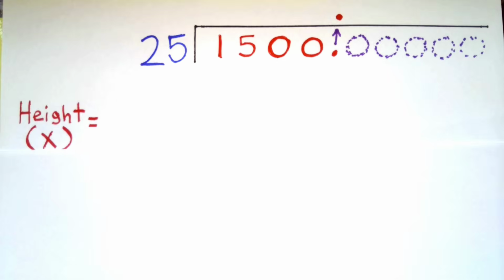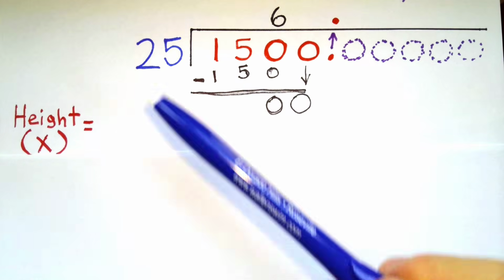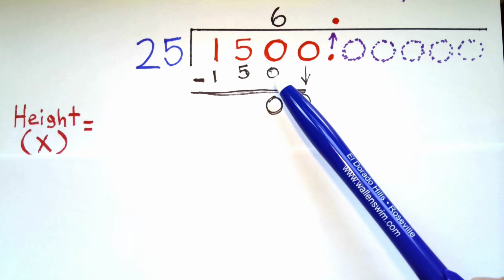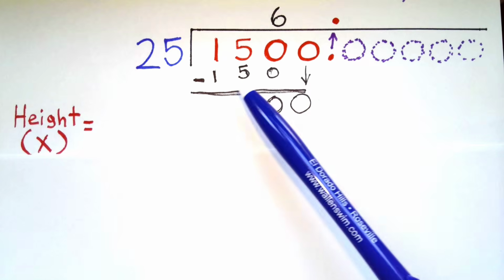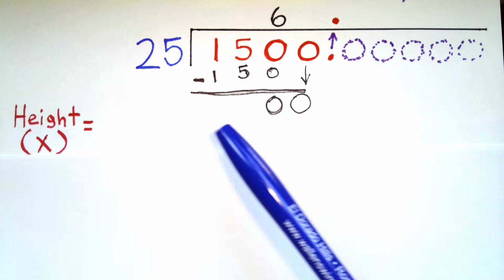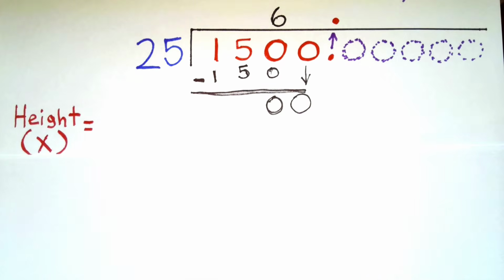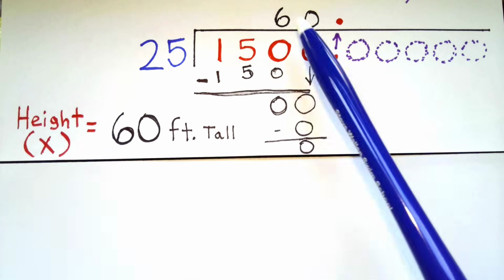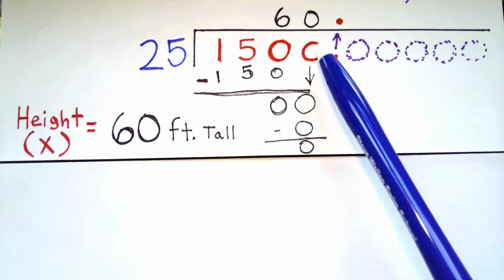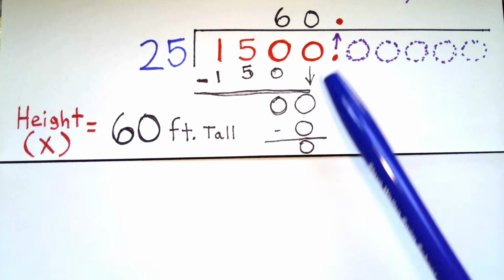This is what you're going to do. Here I'm showing you how 25 times 6 would equal 150. 150 minus 150 gives me 0. I bring down the next digit, which just happens to be 0. 25 times what number would give me 0? 25 times 0 is 0.